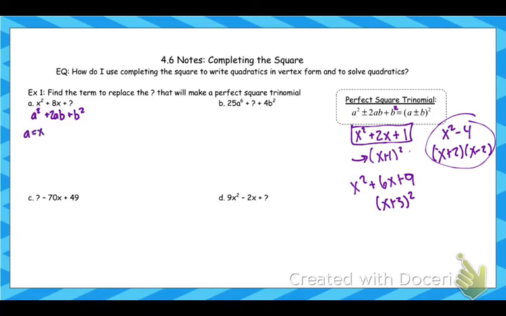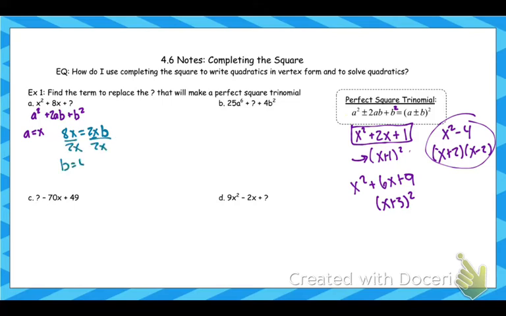All right, let's look at this middle term. 8x is the 2ab term. So if 8x is 2ab, I know what a is. a is x, so I'm going to replace that. Well, then if I want to know what b is, to get b by itself, I would divide by 2x.